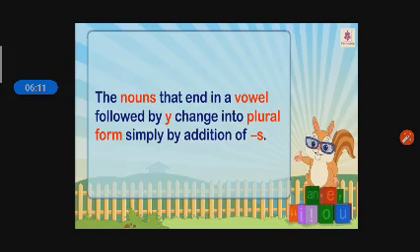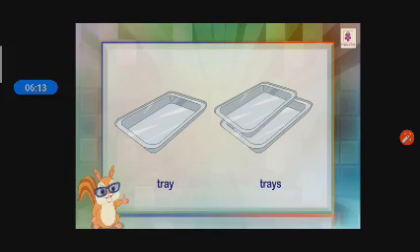See the example. TRAY, tray. The last letter is Y. Okay, so before this slide I told you you have to drop Y and add IES, but here do I add IES? No, because in TRAY, tray spelling, you can see before Y there is a vowel.